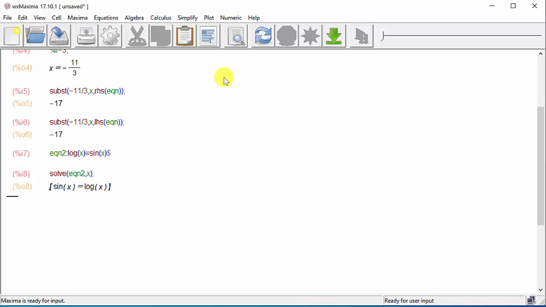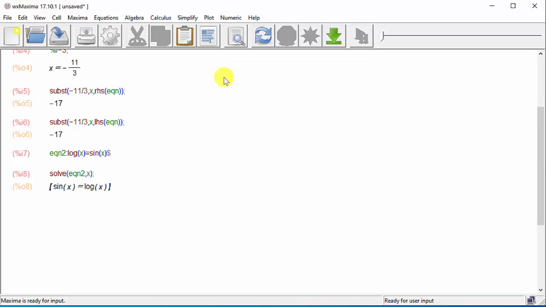Okay? It can't solve it. So what we're going to do here is we're going to use a different command to solve this. When wxMaxima just repeats the question, that means it fails to solve it.